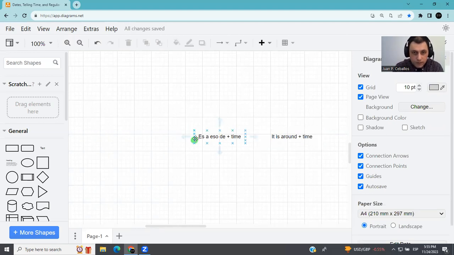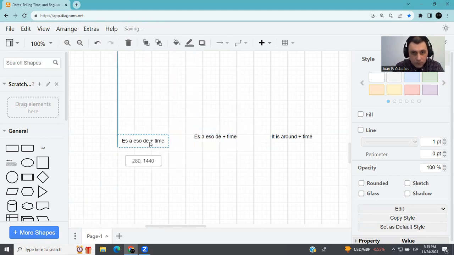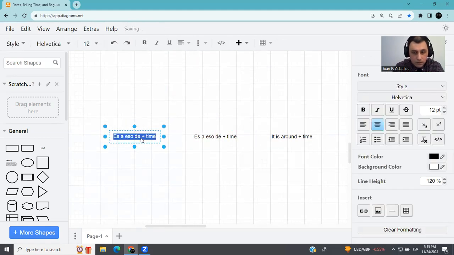Now, this expression answers the question of at what time something happens. Here would be a qué hora something happens.